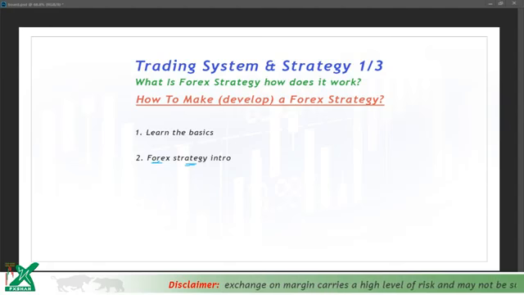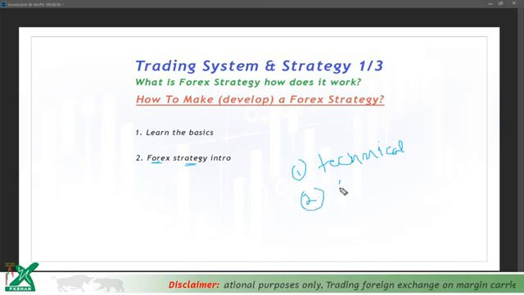After that, if you have a technique, there are two types of strategies. One strategy can be on the technical side. Number one can be technical, and you can base the other strategy on news or fundamentals.